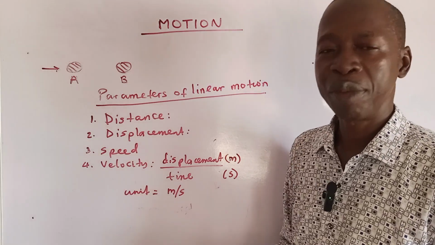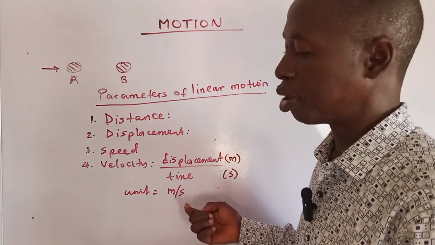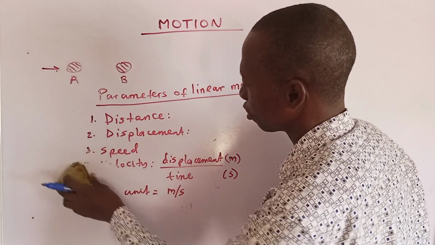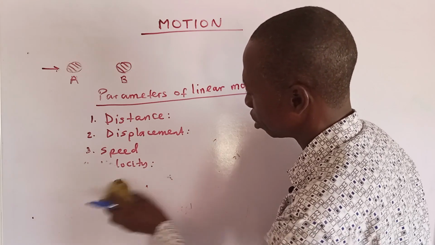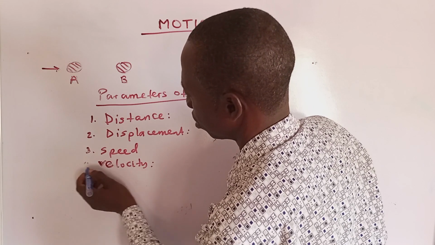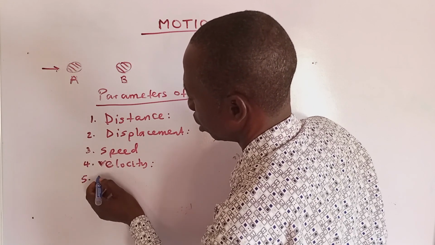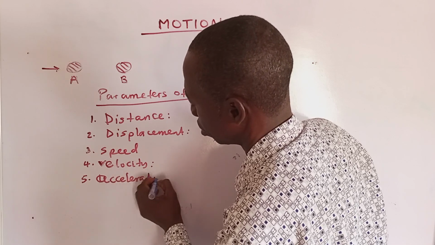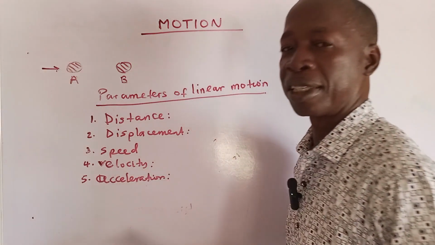So the last parameter of linear motion we're going to be considering today is what is called acceleration. So let me write that one down. Acceleration. What is acceleration?